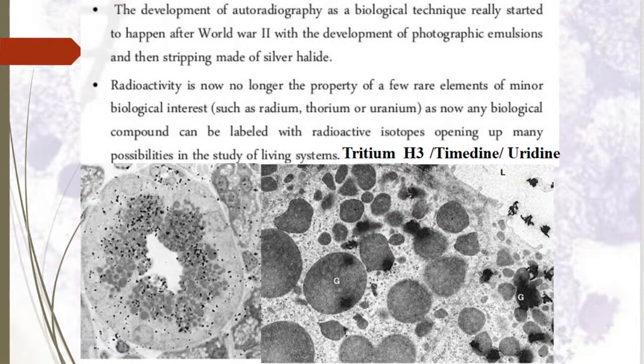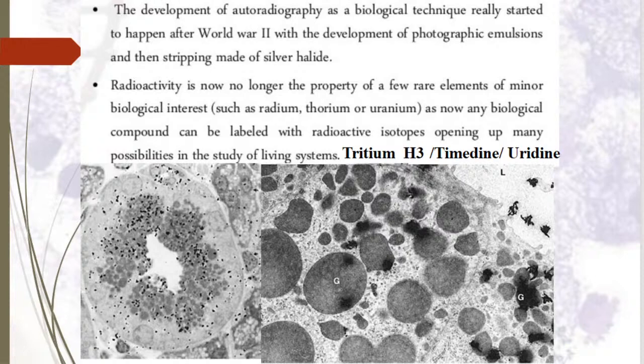the activity of genes. Autoradiography was developed as a biological technique, but developed very fast after the Second World War, with the interest in labeling with radioactive isotopes. Ordinarily we use tritium. Tritium is hydrogen-3, mass 3.